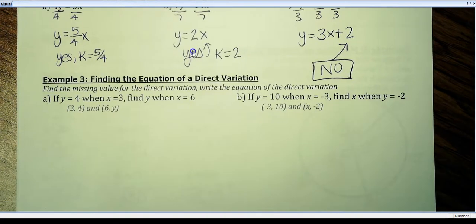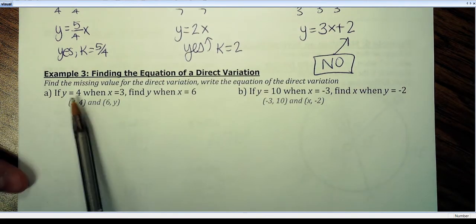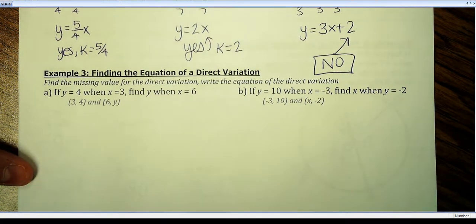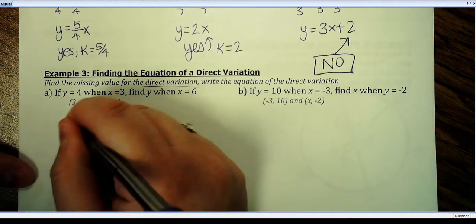And then down here at the bottom, it says find the missing value for the direct variation, write the equation of the direct variation. So here I'm giving you a couple pieces of information. It says if y is 4 when x is 3, find y when x is 6. Okay, so I'm told this is a direct variation.